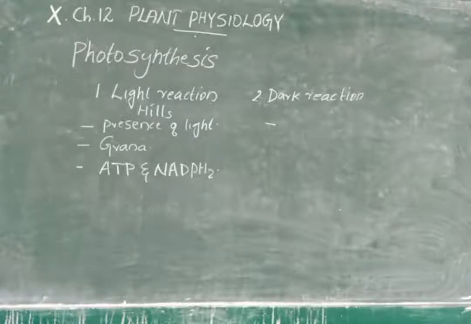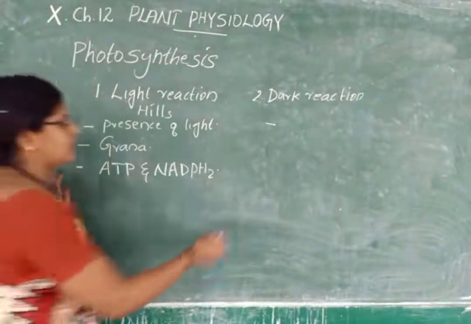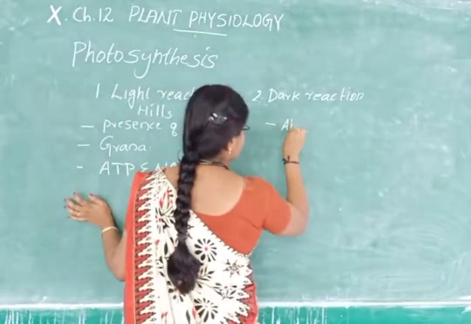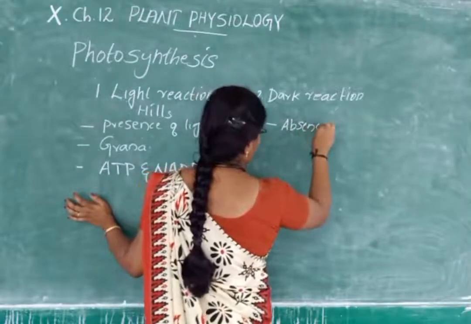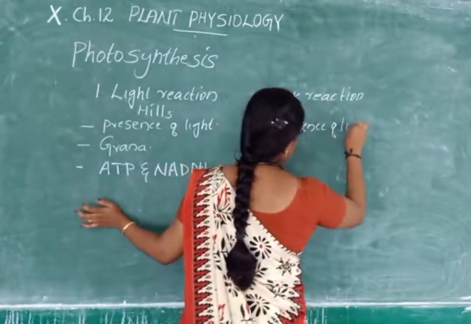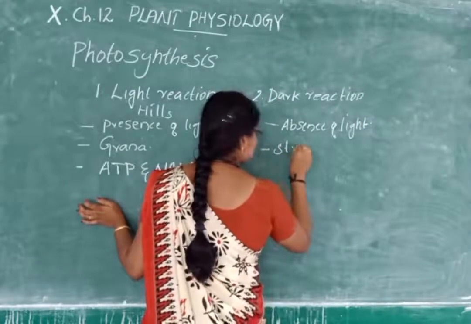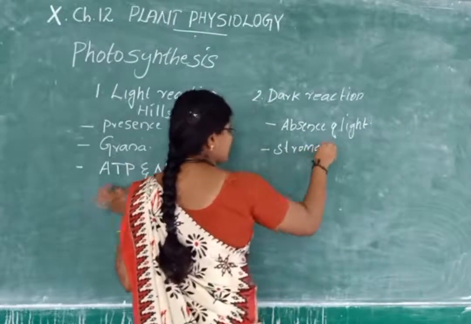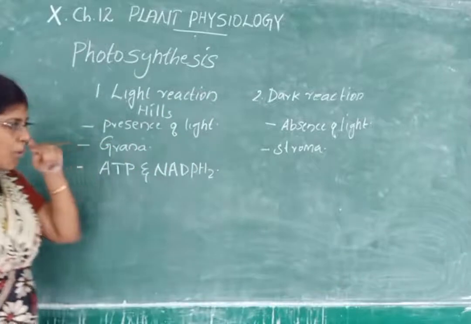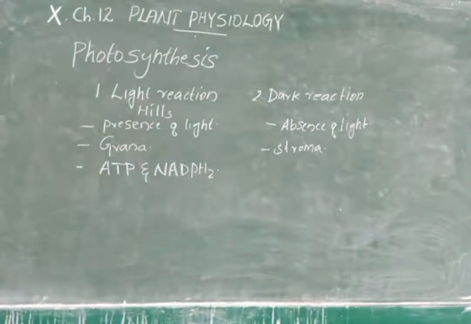Then what is dark reaction? Dark reaction takes place in the absence of light, and it occurs in the stroma of the chloroplast.